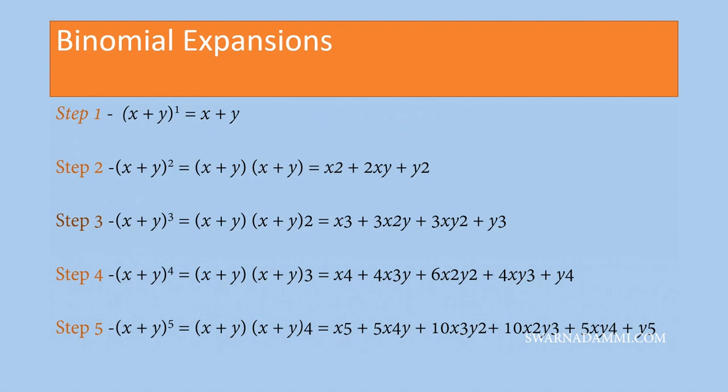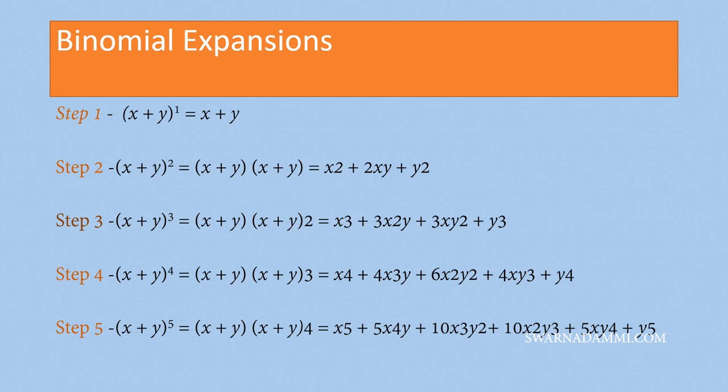Here are some examples of binomial expansions. I have used the same binomial to describe all these steps. First, you can see step 1. There is a binomial with two different terms, x plus y. The power here is 1. Then in step 1, (x plus y) to the power 1 equals x plus y.